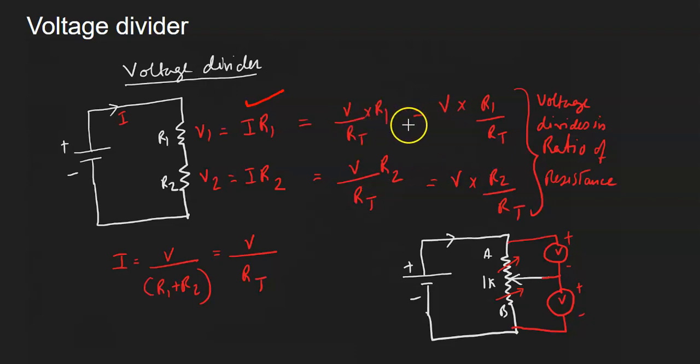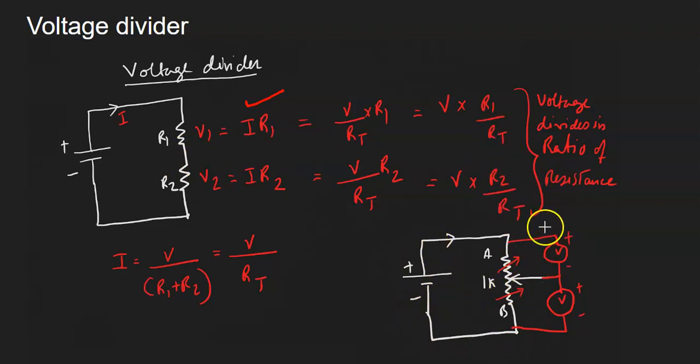Just rearrange the equation: V1 is V times R1 by RT, and V2 is V times R2 by RT. Now you can see R1 by RT is nothing but the ratio of the resistance R1 in the total circuit. So you can say that in a voltage divider, the voltage divides in a ratio of the resistance.